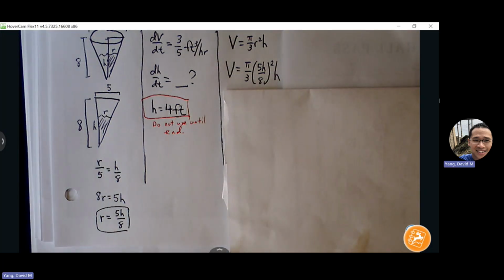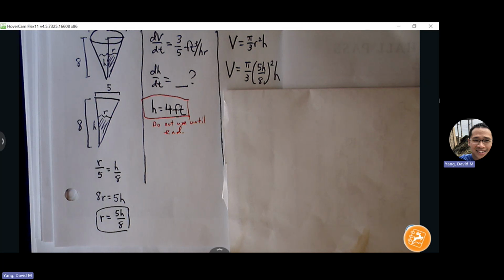Okay, so there's my substitution there. R equals 5H over 8. Replace R with 5H over 8. Don't do the derivative yet. Clean this up. Distribute. Get all your fractional coefficients together. Get your H's together.